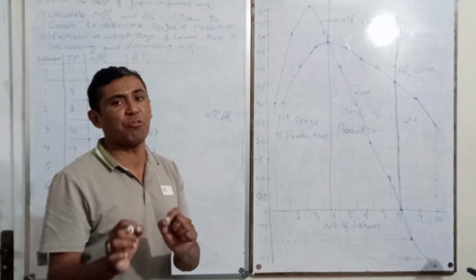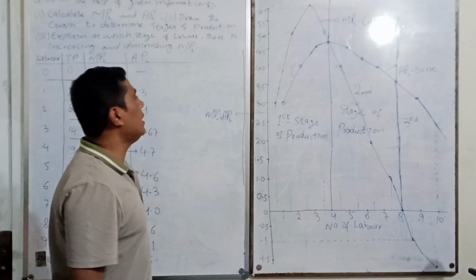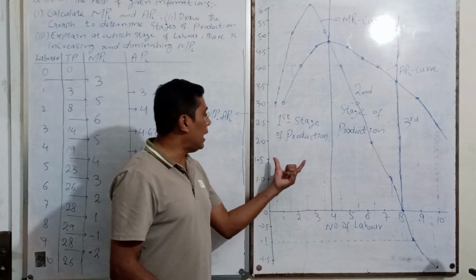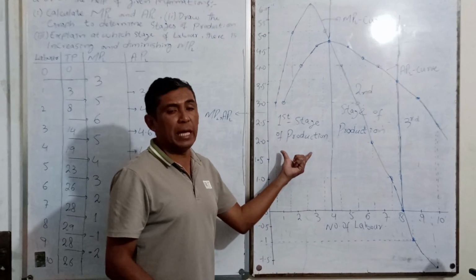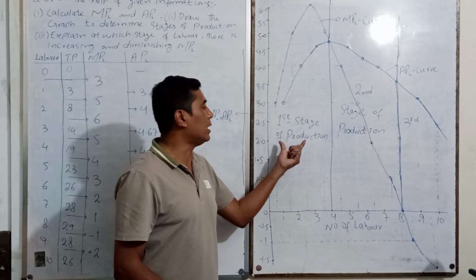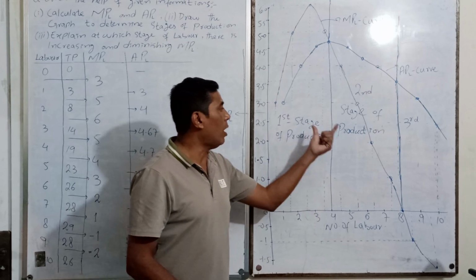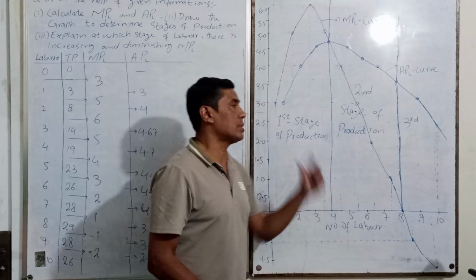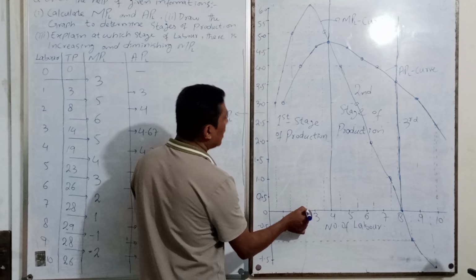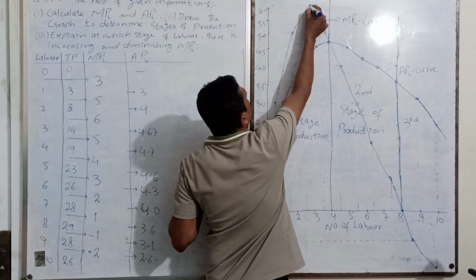Now the last part of my question is: can you explain or determine at what stage of labor the marginal product increases and diminishes? So marginal product increases till that point.